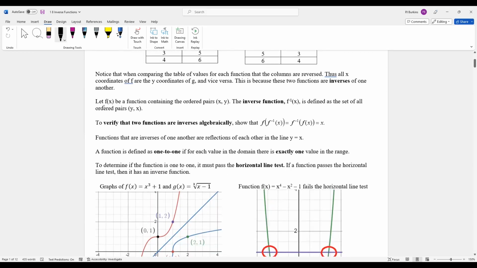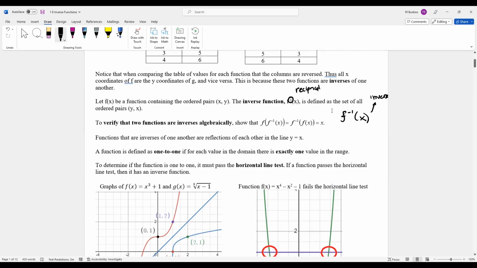So here it says, let f of x be a function containing the ordered pairs x, y. The inverse function, which, by the way, we write f to the -1 of x, means inverse. And be careful, this does not mean reciprocal or represent to the -1 power.